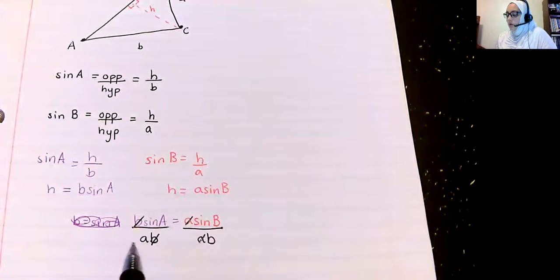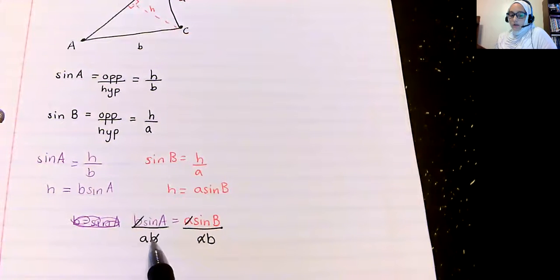Now, why do we use AB instead of just B or just A? Because if we divided by just B on both sides, we'd have a B over here, and we wouldn't have anything over here. Our A wouldn't have been taken care of yet. It would just add an extra step. We'd have to do them separately. It's easier just to do them together.